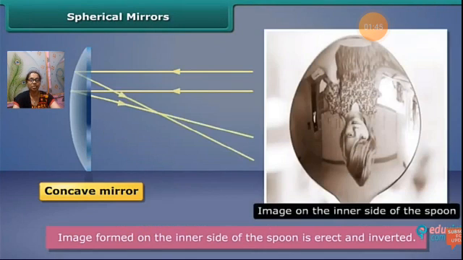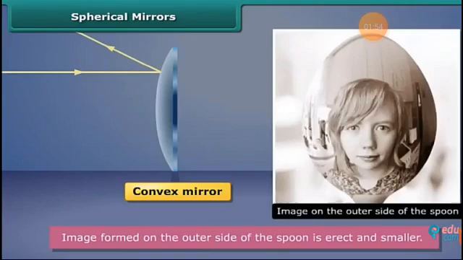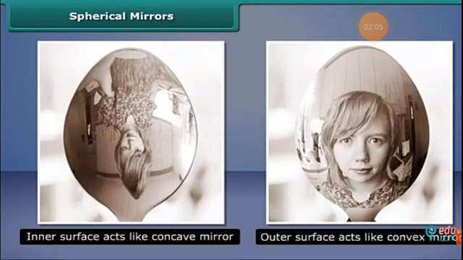And convex mirrors reflect light from the outer surface, like the outside of the spoon. Hence, the inner surface of the spoon acts like a concave mirror and the outer surface of the spoon acts like a convex mirror. You can see on the screen the inner surface which acts like a concave mirror and the outer surface which acts like a convex mirror.